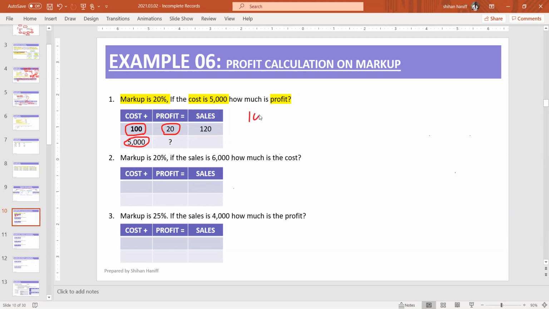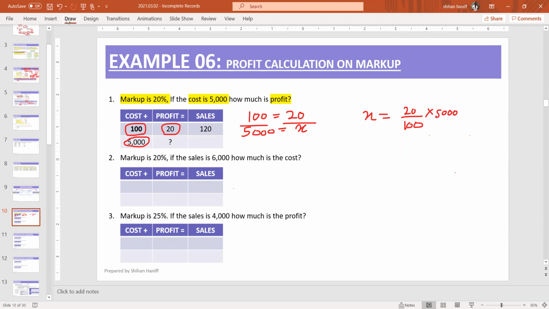Or what you can do is, it says 100 equals 20, 5,000 equals X. Cross multiplication. X is equal to 20 over 100 multiplied by 5,000. This is called cross multiplication.